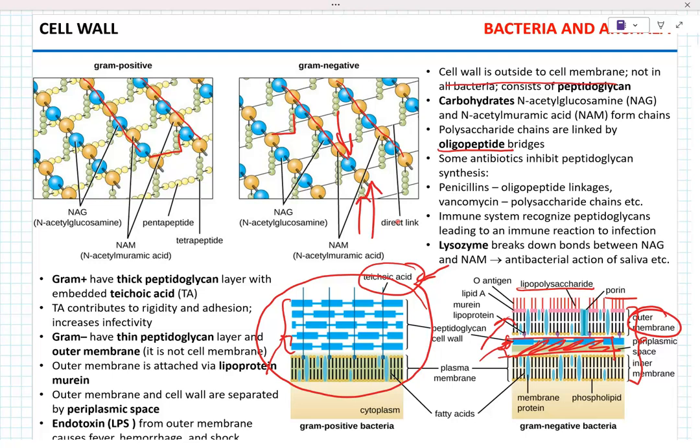Gram-positive contains teichoic acid, while gram-negative membranes contain lipopolysaccharides. Okay? Our attention to cell wall is not accidental, because a lot of antibiotics, such as penicillins, cephalosporins, bacitracin, vancomycin, they target the synthesis of the cell wall.